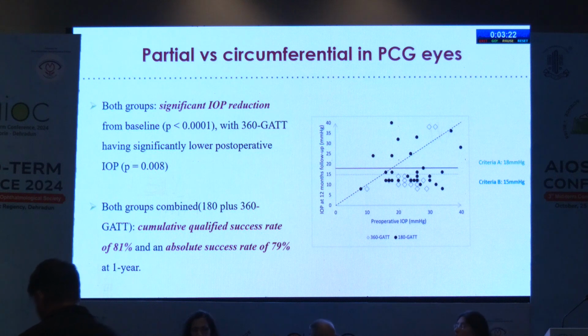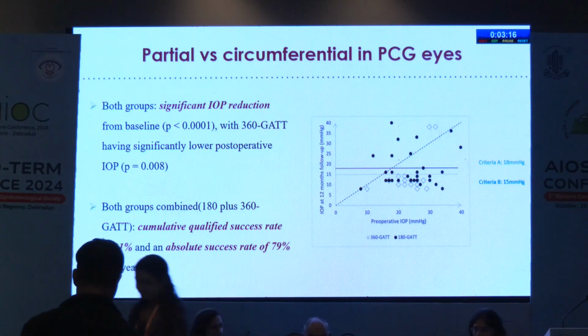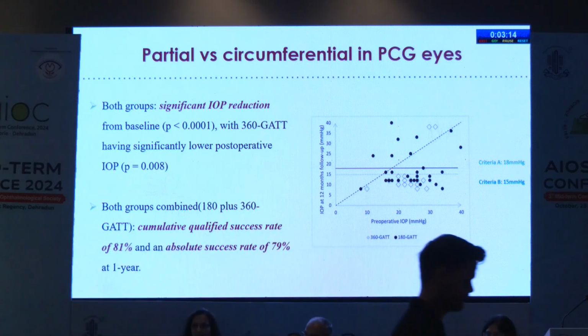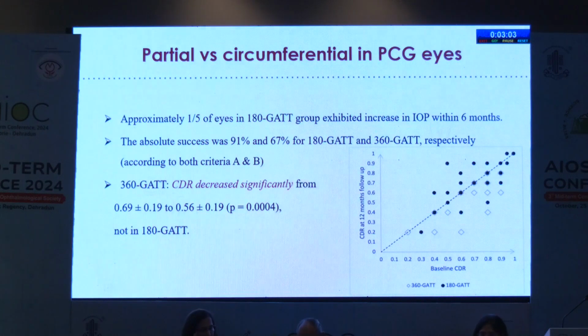So 360-degree fared much better than 180 degrees in the primary congenital glaucoma group, and now we are resorting to 360-degree treatment in these patients.